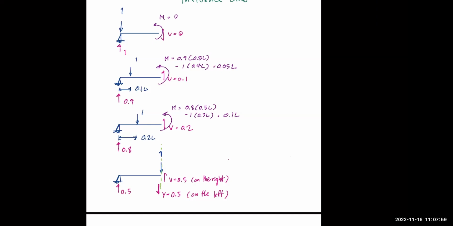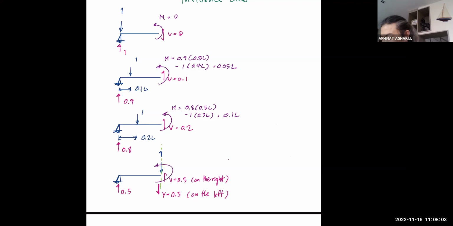The moment is going to be now 0.5 multiplied by 0.5 L. But now we take moment right where the unit load is. So that becomes our magnitude, right? So it becomes 0.25 L.